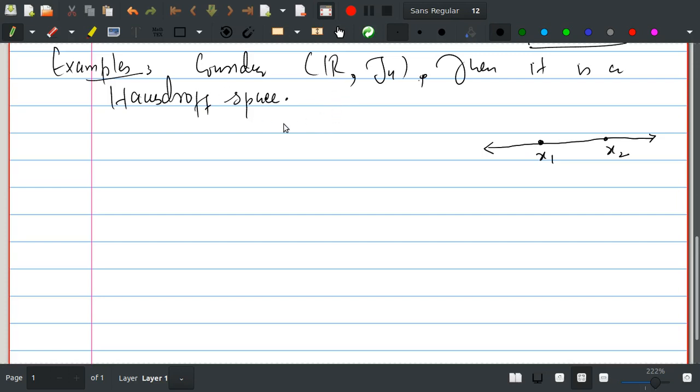So for the solution, take two real numbers in R which are distinct.